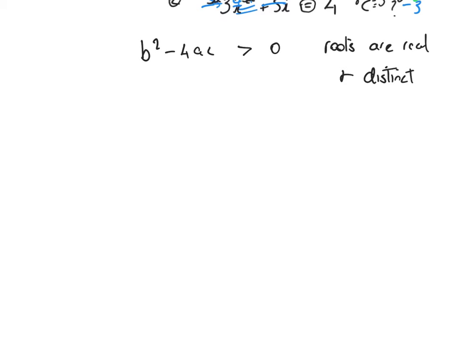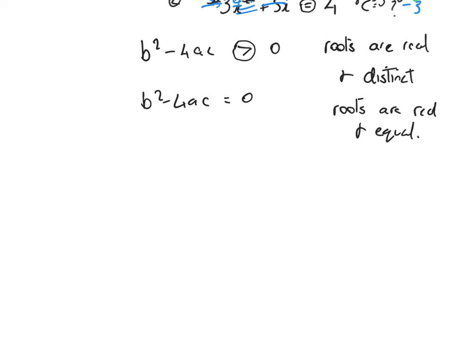When the discriminant is equal to 0, that means that the roots are real and equal. Let's copy that down and have that in front of you with these examples. When the discriminant is less than 0, the roots are non-real. Have that in front of you for the next few examples.